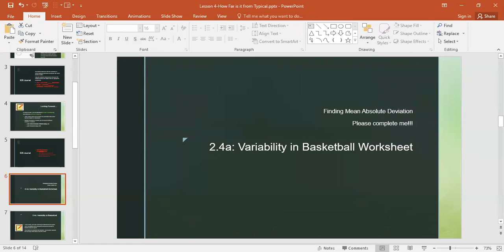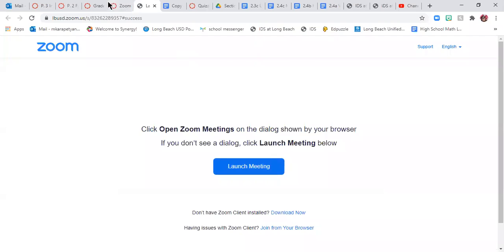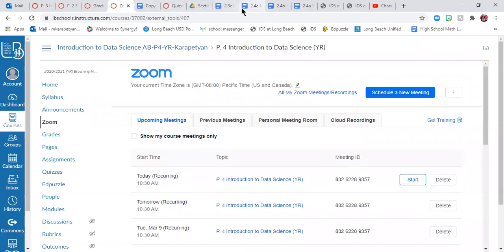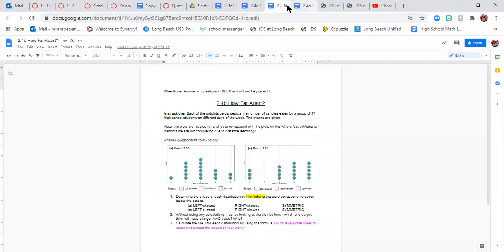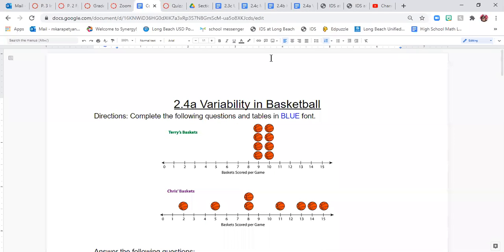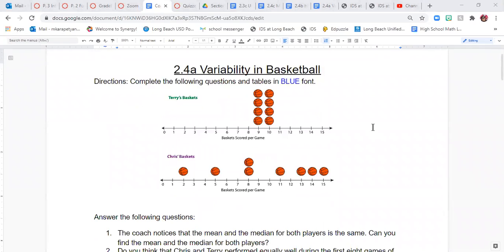I'm going to switch my screen to my Google, and let's go to our 2.4a. Here we go. That's the one I want. Let's take a look at this. We are given some basketball stats, but in the form of a dot plot.